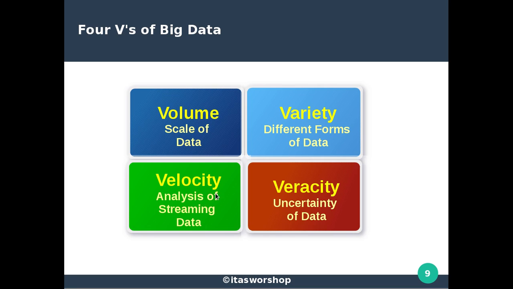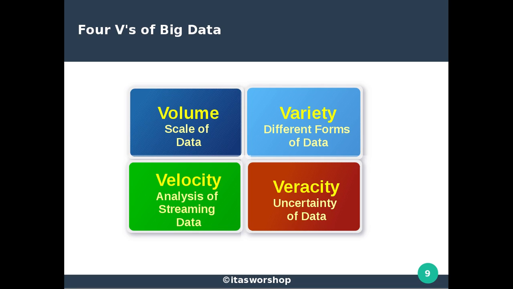And velocity stands for analysis of streaming data. Velocity means the rate at which this large amount of data is getting generated is too high. We have got nice storage. Our storage capacity is growing nicely, but the amount of data which can be generated is growing at such a speed that we are not finished with the analysis of what we generated the last day, and today new data is coming.